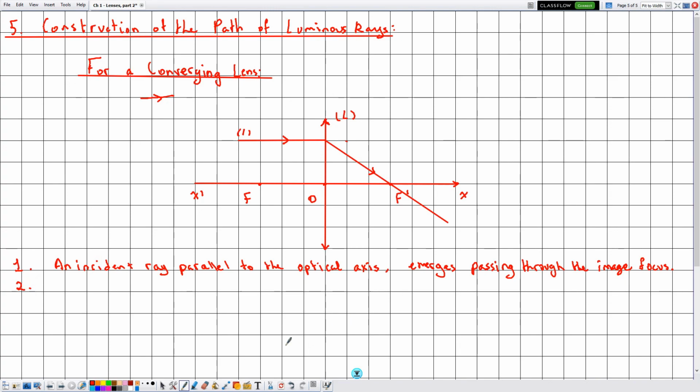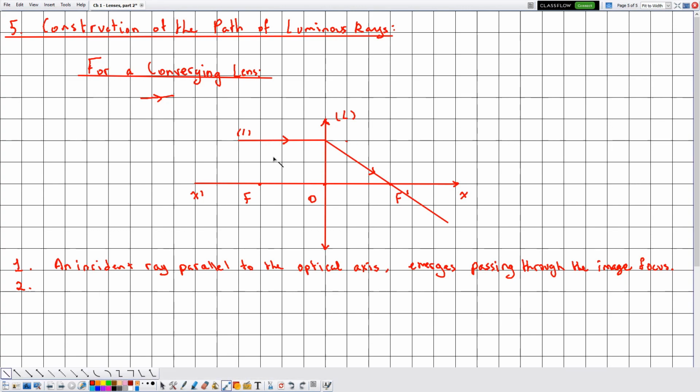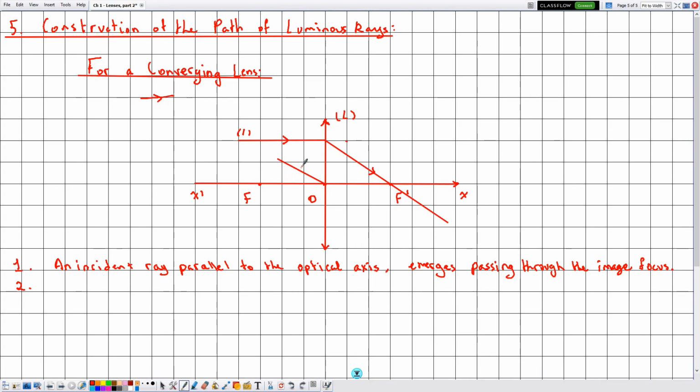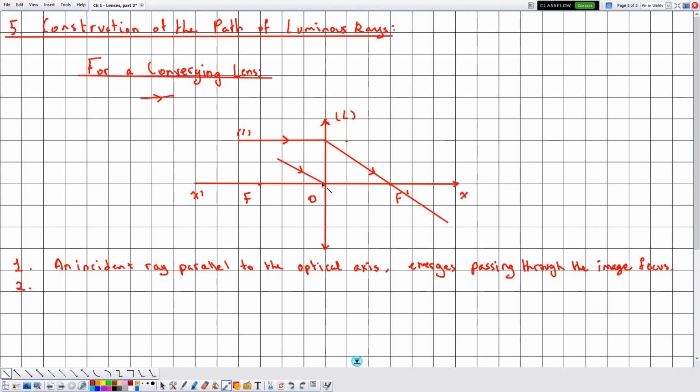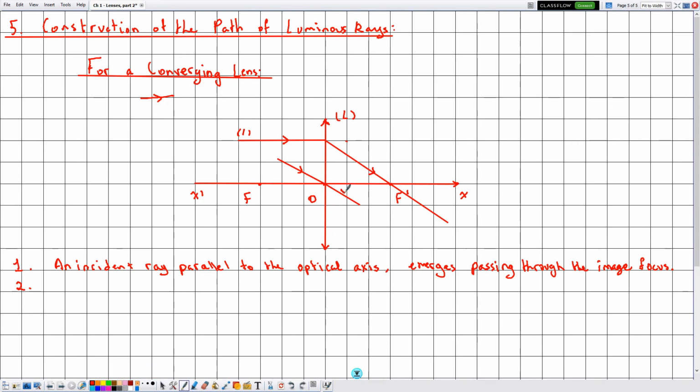Now the next ray that we need to trace and justify is the one passing through the optical center. This is an incident ray passing through the optical center. By definition, this ray will emerge without changing its direction, or in other words, without deviation. What we have done here is the tracing of ray number 2.